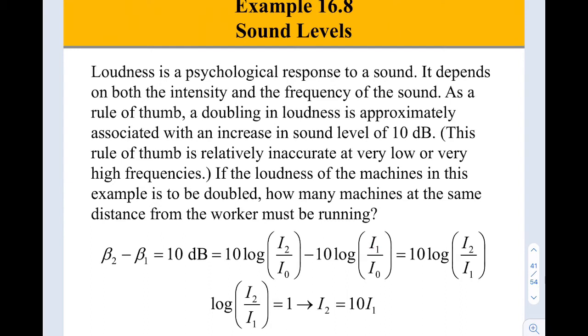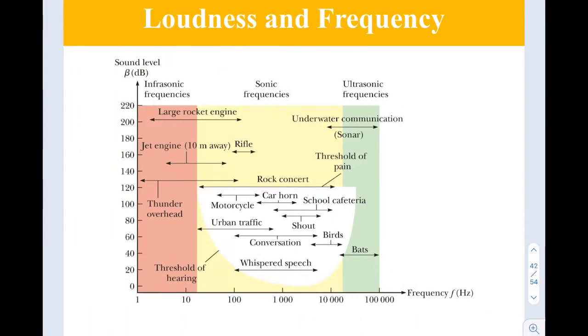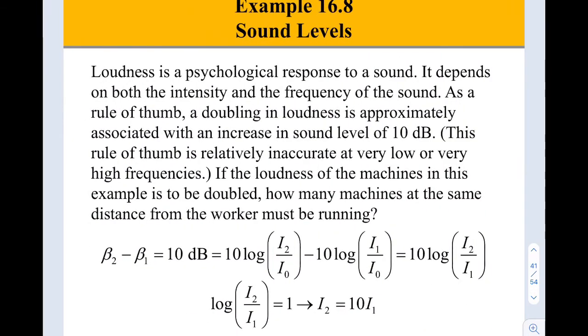So rearrange this one, remember the whole part of this is equivalent to 10. Rearrange the equation and you will get I2 equivalent to 10 times I1. So it means that you are going to have 10 machines operating, then you are going to double the loudness.